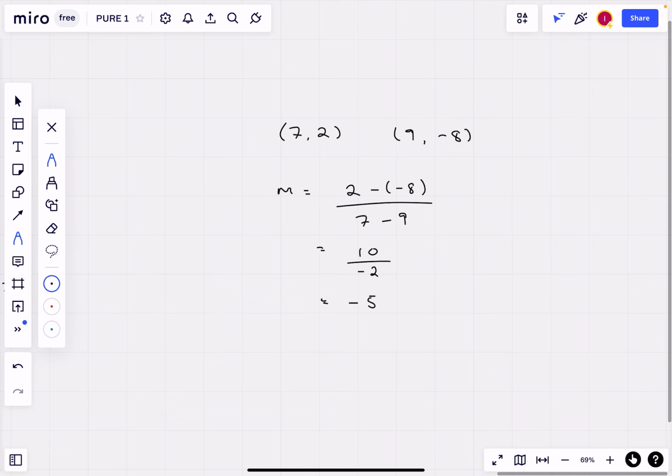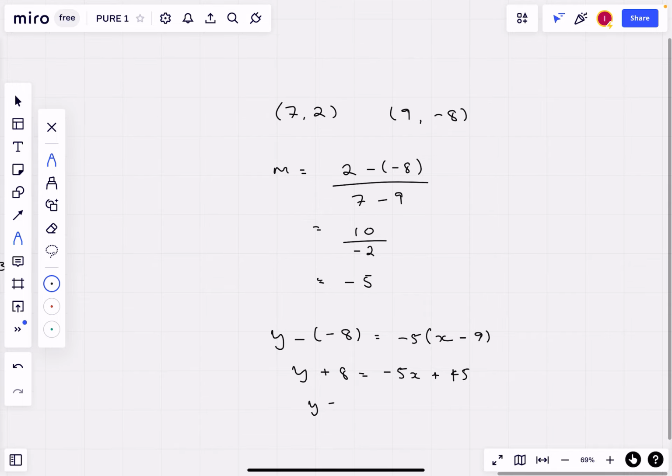Okay. y minus minus 8 is equal to minus 5 times x minus 9. y plus 8 equals minus 5x plus 45. y equals minus 5x plus 37. Okay.